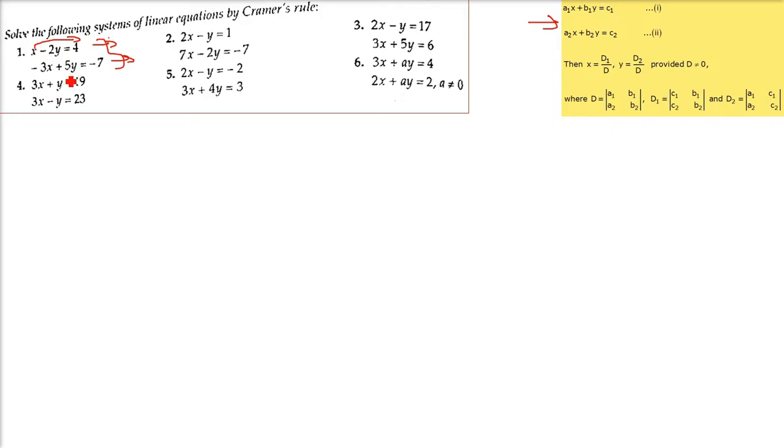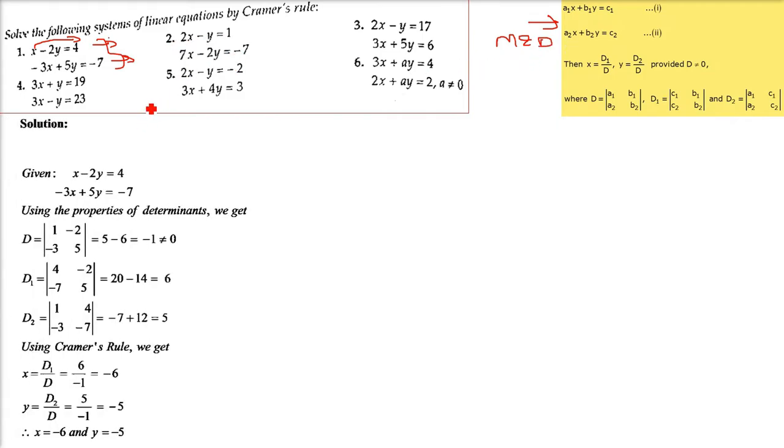Or you can do the multiplication method, multiplying so that a common term comes and you can cancel it. But when we are learning matrices and determinants, the way of solving it can be done easily using Cramer's rule. Now, I am going to explain the first question in more detail so that you can do the others.